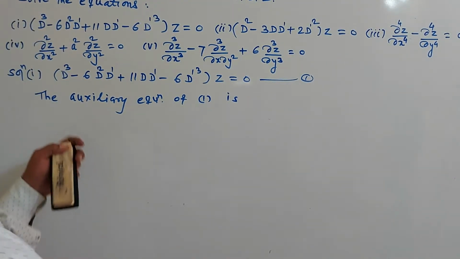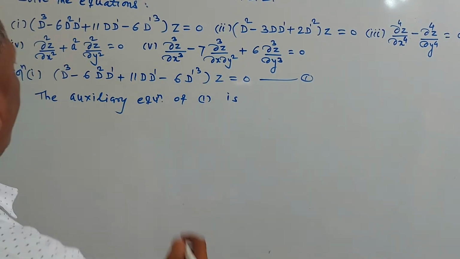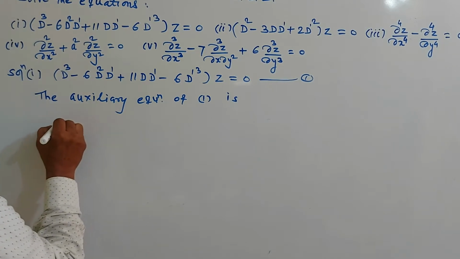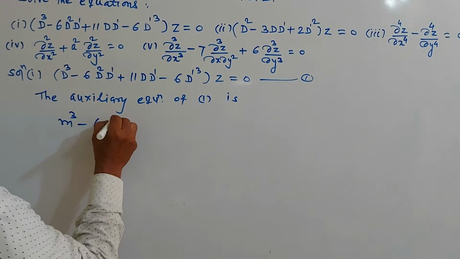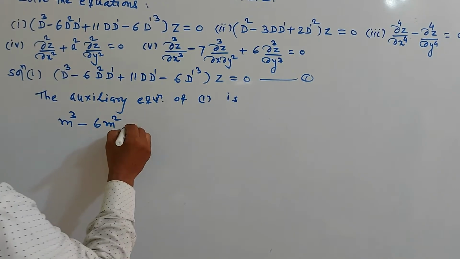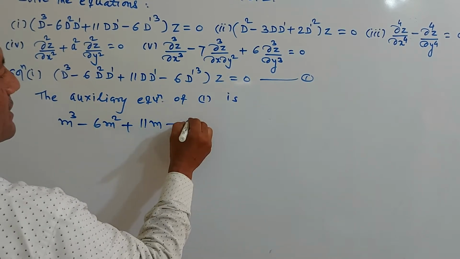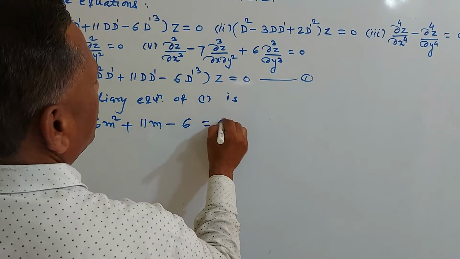How do you find the auxiliary equation? You put D is equal to m and D' is equal to 1. So the auxiliary equation is m cube minus 6m square into 1 plus 11m into 1 square minus 6 into 1 cube is equal to 0.